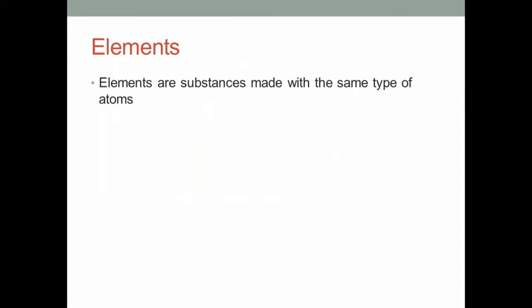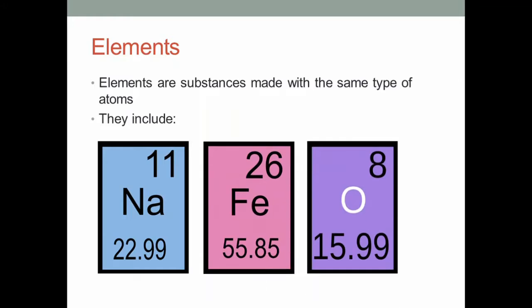Next, elements. Elements are substances made with the same type of atoms. This is the basic definition of an element. They include stuff like sodium, which is Na, iron, which is Fe, oxygen, which is O. They also include many other elements like gallium, which is basically a metal that melts in your hand.